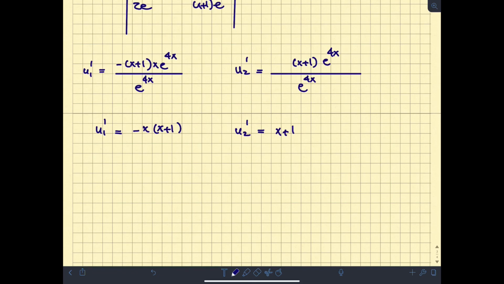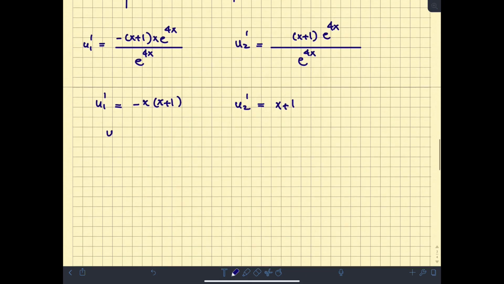And at this point, given that u1 and u2 will be the integrals of these things, and these are all polynomials, it's very simple to integrate them, which will then allow us to derive u1 to be minus 1/3 x cubed minus 1/2 x squared.